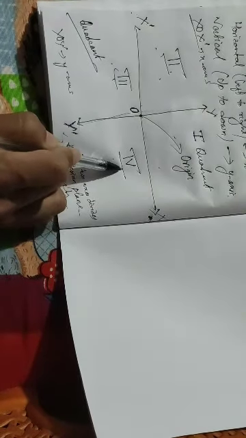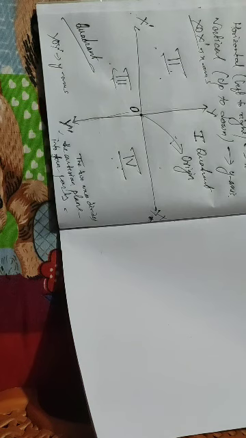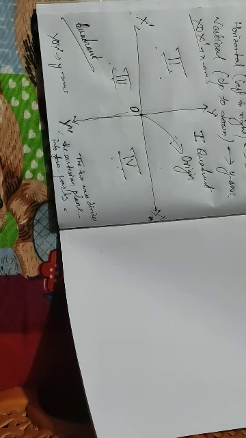This one is the first quadrant, second, third, fourth. This will always remain the first quadrant, second quadrant, third quadrant, and fourth quadrant. I hope I am clear to you till here. So these are the concepts. Now I will teach you how to plot the points.